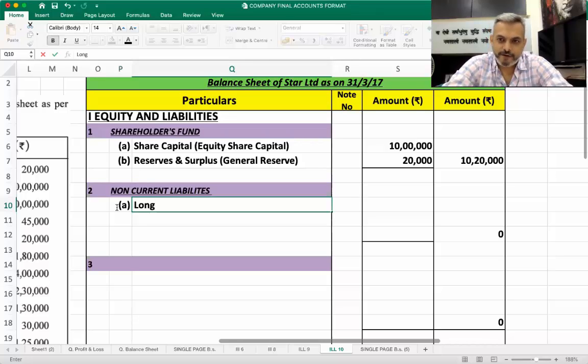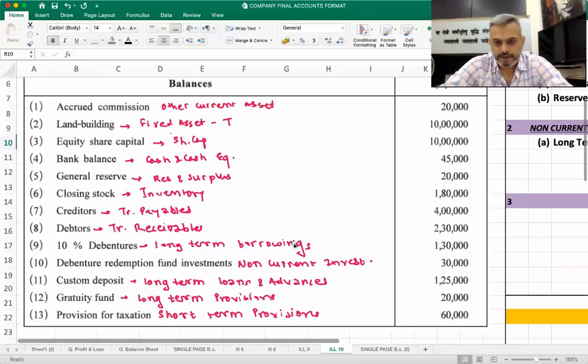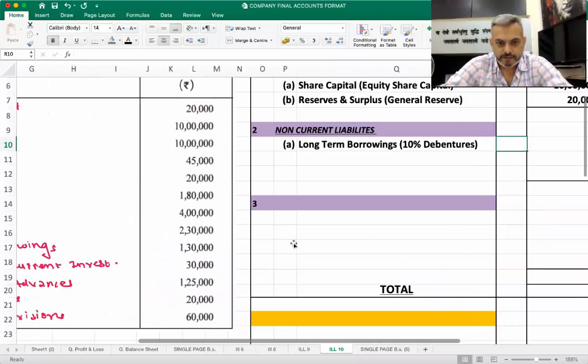Is that how we remember non-current liabilities? So long-term borrowings. Now we have 10% debenture over here, 10% debenture, 1,30,000.